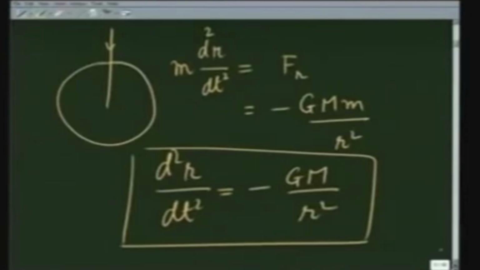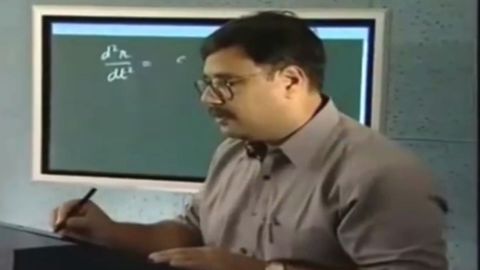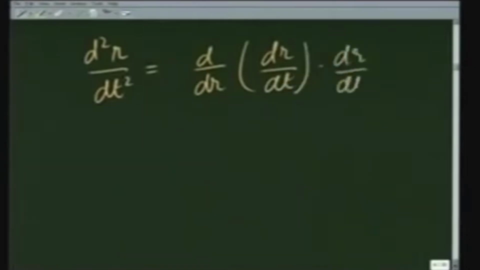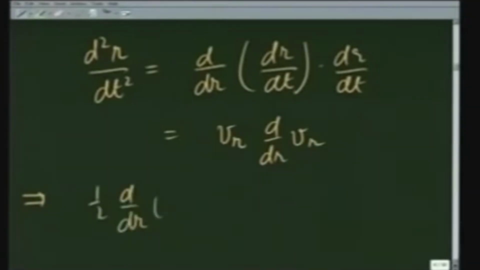On the other hand, let me apply the trick I used earlier in writing d2r/dt square as d/dr times dr/dt times dr/dt, and that gives me Vr d/dr Vr, and therefore half d/dr Vr square is equal to minus GM over r square.